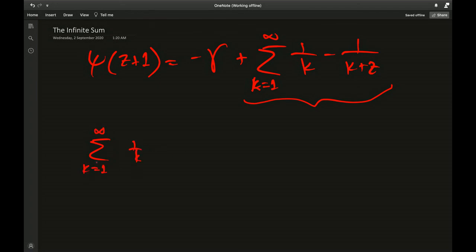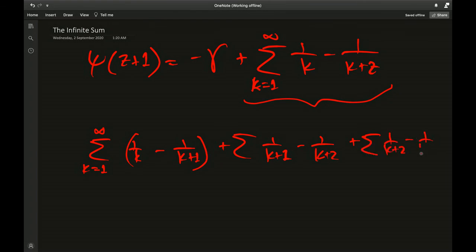I won't write that again and again. Minus 1 over k plus 1. Then you add the same 1 over k plus 1 because it wasn't there originally. Minus 1 over k plus 2. Then you add the 1 over k plus 2 minus 1 over k plus 3. And then you add the 1 over k plus 3 minus 1 over k plus 4, say, summed.